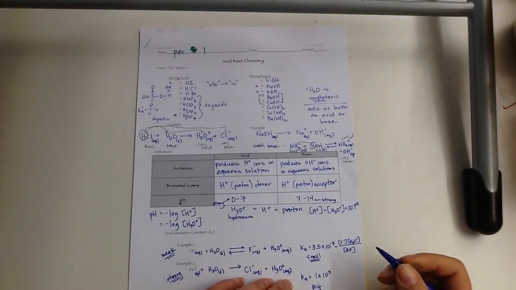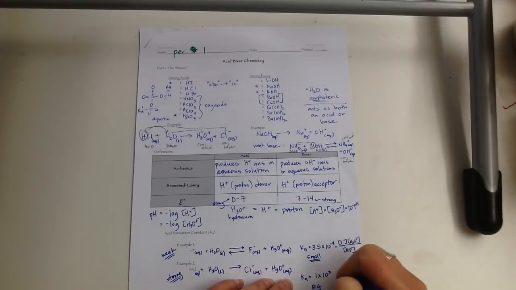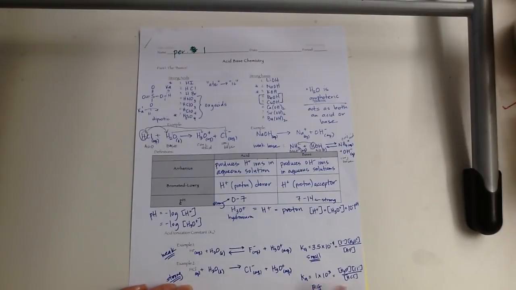And so, if this were a reversible reaction, I could write the Ka expression as being H3O plus times chloride ion over HCl. But really, it's shifted so far to the right. I mean, if this were at equilibrium, then I could write this Ka expression.